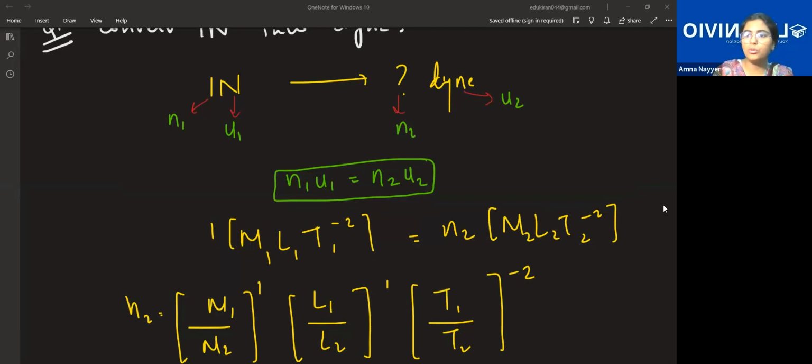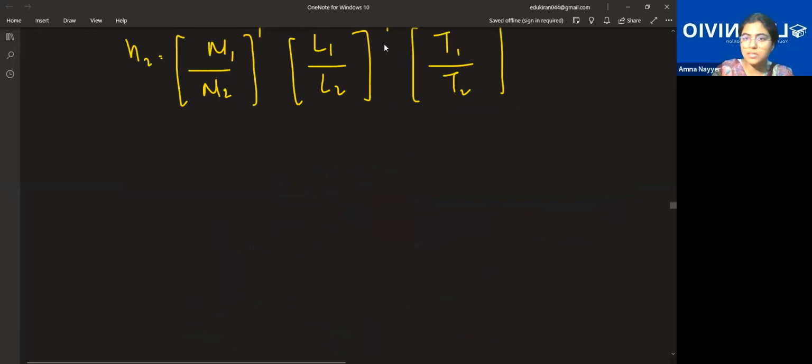Now see how to proceed further. You know all these 1 terms were from Newton, meaning the SI unit form. So what is mass in SI unit? It's 1 kg, right? What is length in SI unit? It's 1 meter. What's time? Time is always 1 second. I have told you that time will be seconds in both CGS and SI units.